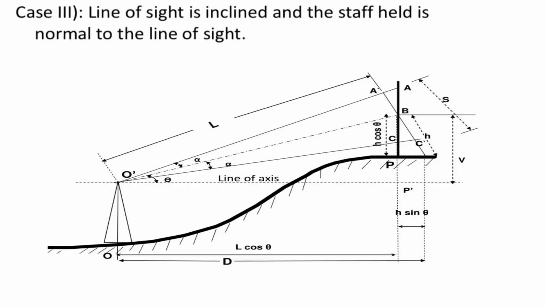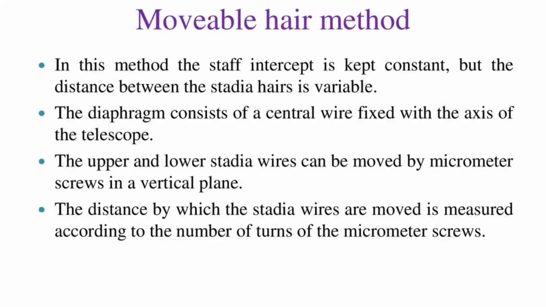So in the positive case, the horizontal distance D is equal to L cos θ + H sin θ, and the vertical distance V is equal to L sin θ. In the negative case, the horizontal distance D is equal to L cos θ − H sin θ, and the vertical distance V is equal to L sin θ.